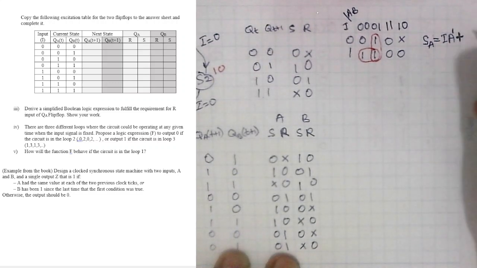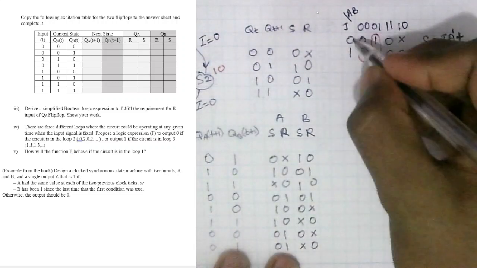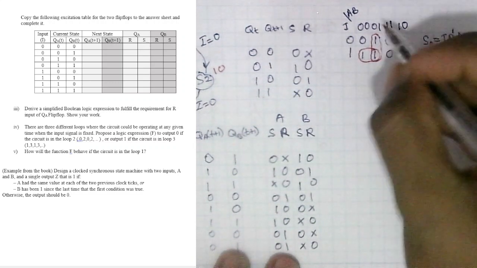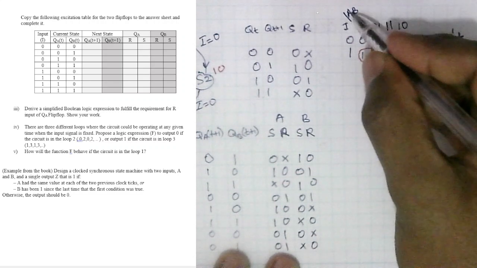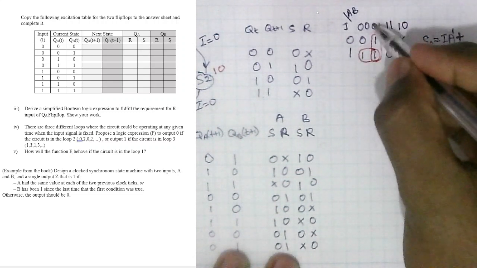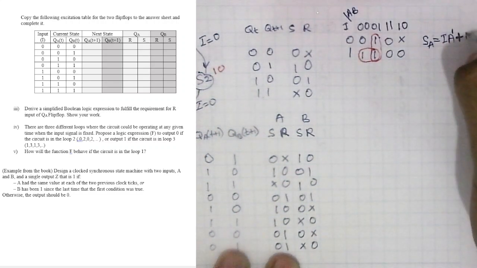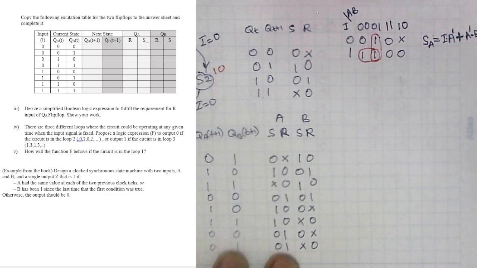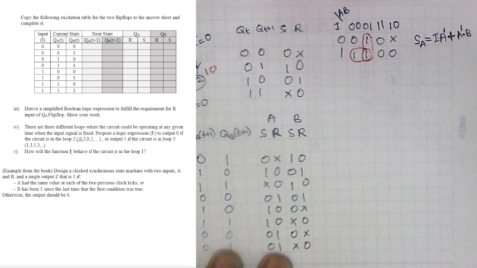What is the other group now? I does not matter for this group. For this group, what is the configuration? A bar and B, A bar dot B, right? So this is simple. Then let's continue to the next one as well.